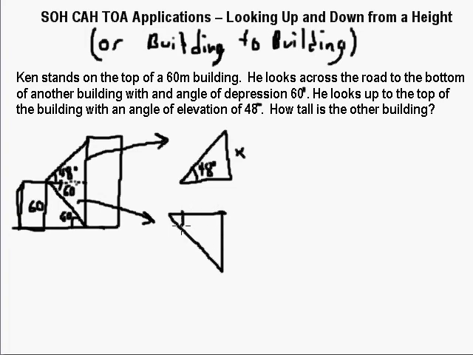So what do we know about this triangle? Well, I know that this is 60 degrees, and I know that this is 60 meters tall. And then I can solve for this. We'll call this y. Y is the distance between the two buildings, and it's the same in that triangle and that triangle. That's this horizontal line that I'm solving right here.